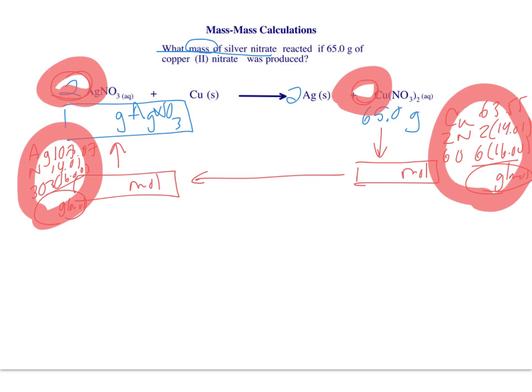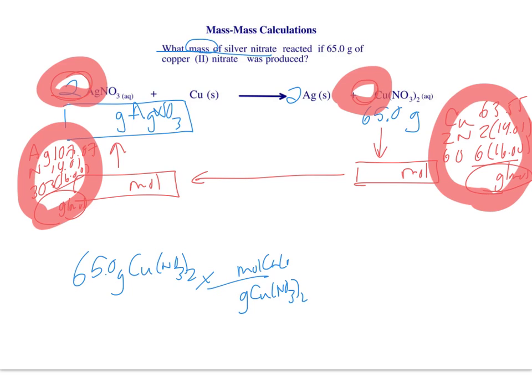So we're starting with our 65 grams of copper 2 nitrate times fraction, getting rid of the grams of copper 2 nitrate and going to the moles of copper 2 nitrate, and that's 1 mole of copper 2 nitrate for whatever that molar mass comes out to be, times fraction.